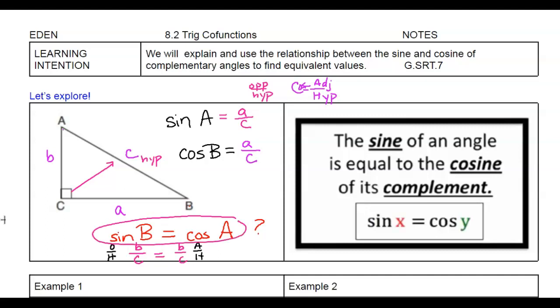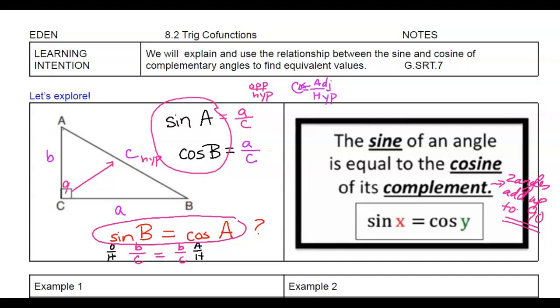So the way it works is we can come up with a rule: the sine of an angle is equal to the cosine of its complement. Why did they use complement? Remember, complement means two angles that add up to 90. Trig ratios are only in right triangles.